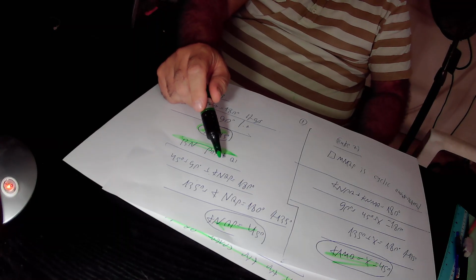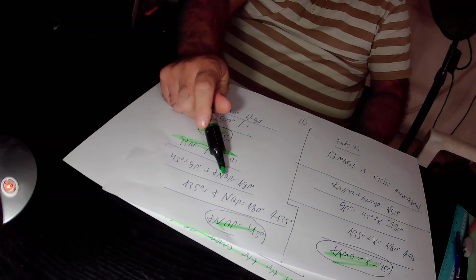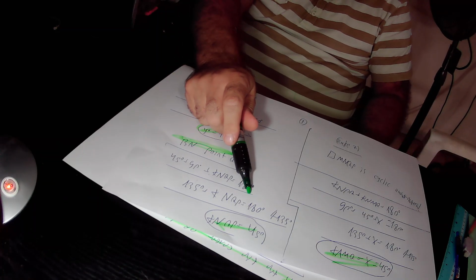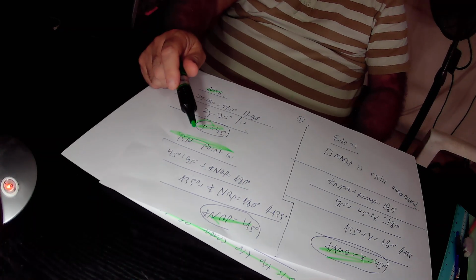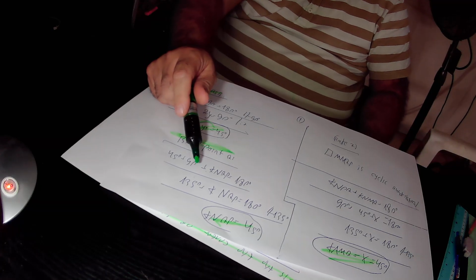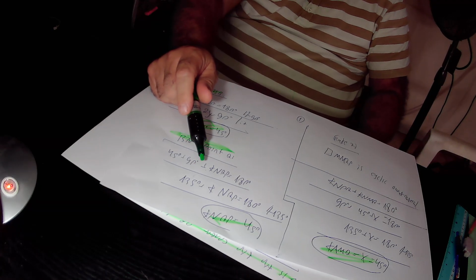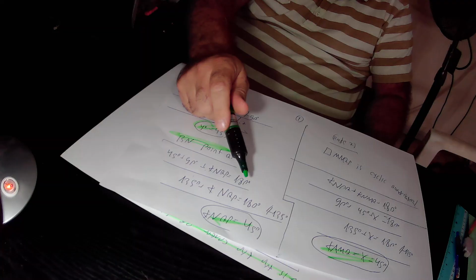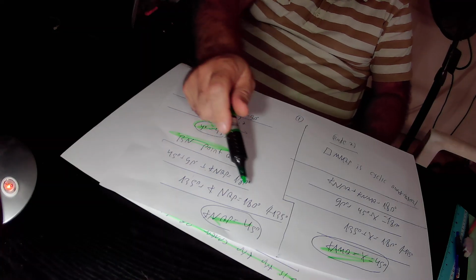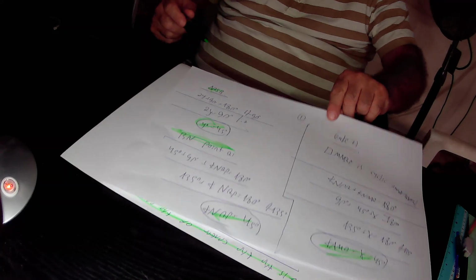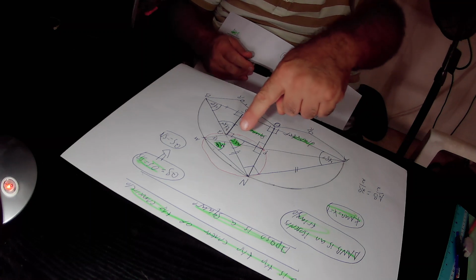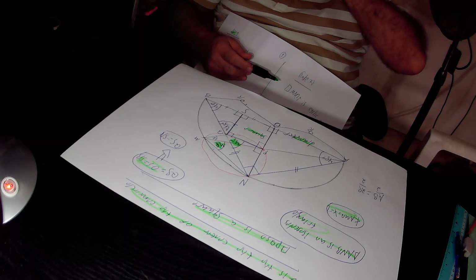So 135 degrees plus the missing angle NQP in total must be equal to 180 degrees. Here we subtracted 135 degrees from this equation and found that the missing angle NQP equals 180 degrees minus 135 degrees, which is 45 degrees. So this is the missing angle NQP that equals 45 degrees in its size.